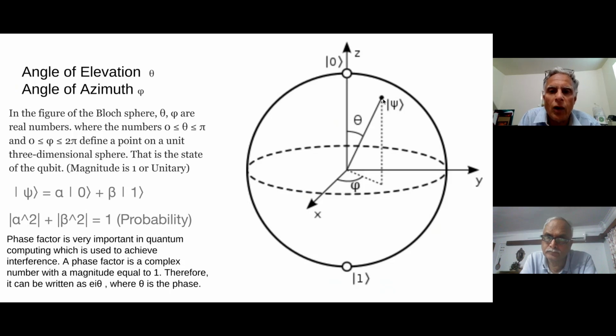So psi is a point on the surface with a unit direction, at an angle theta with respect to z. And the basis which we use to measure these is ket0 and ket1, which is spin up and spin down, and that is represented as a linear combination of ket0 and ket1.